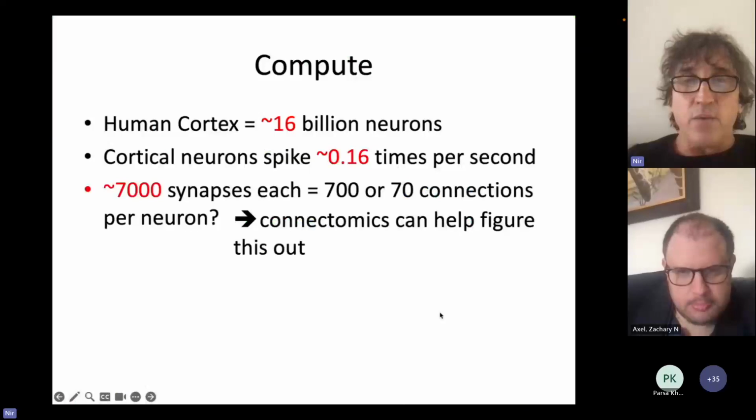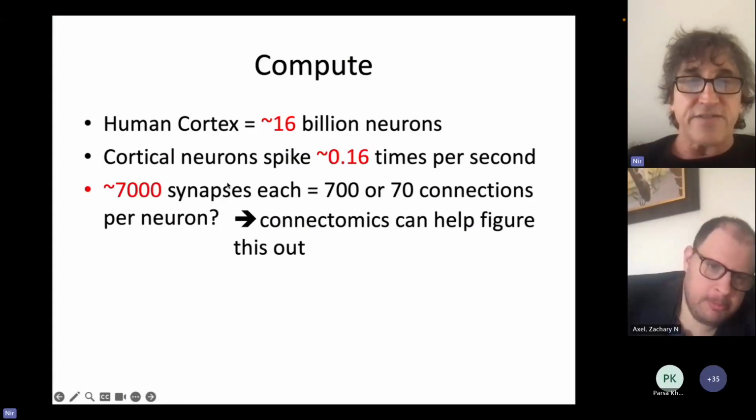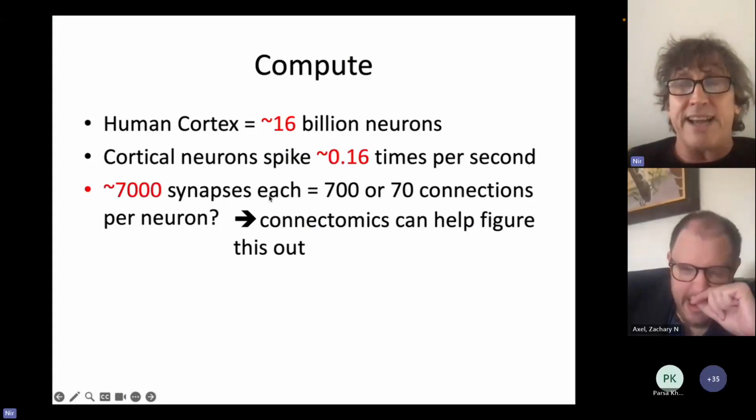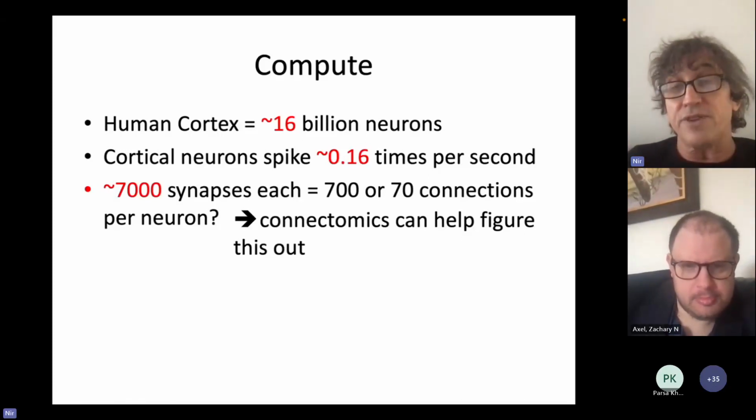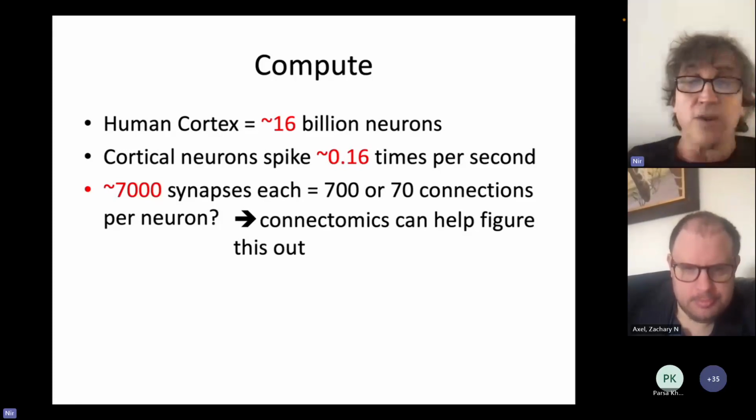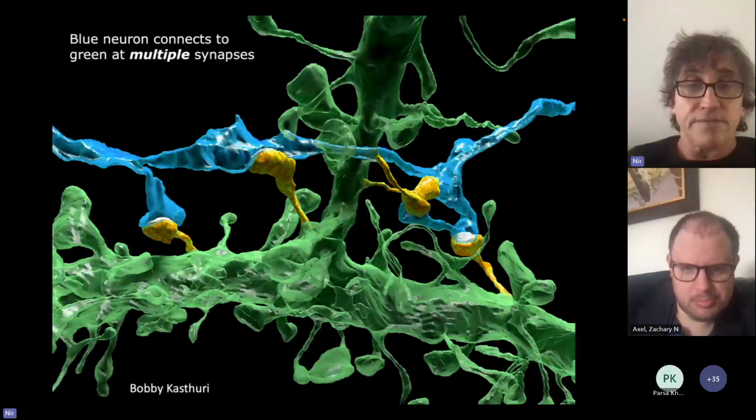So if I want to do this calculation and I have 7,000 synapses, it's not like I'm going to connect to 7,000 other neurons, okay? Probably 700 or 70 in some cases, okay? So let's just say 700.